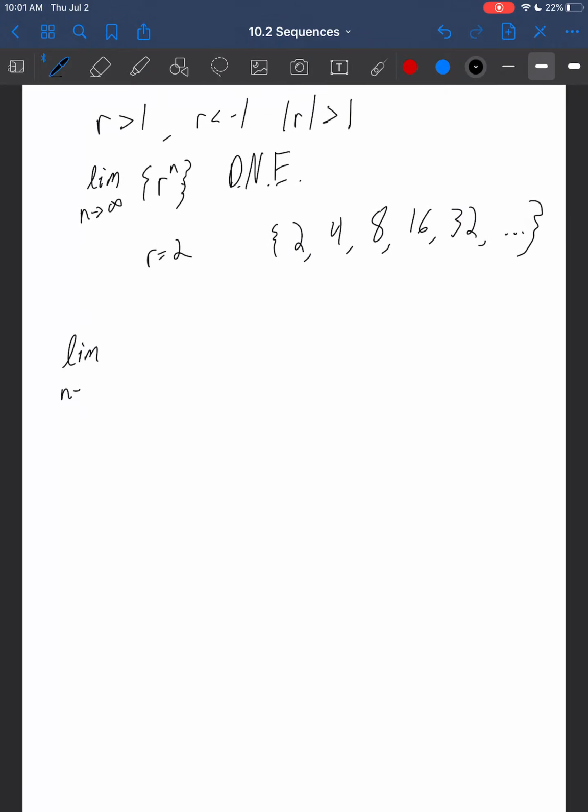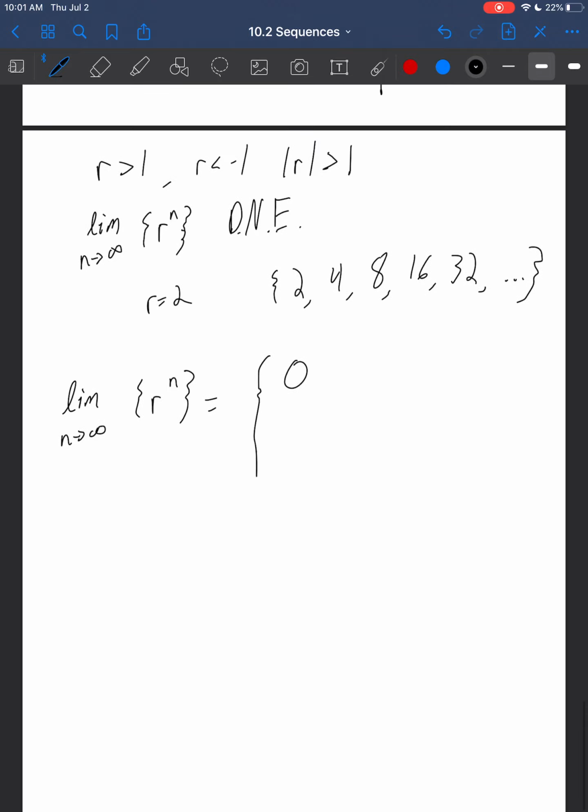So we have our cases where the limit as n goes to infinity of r to the n equals 0 if I am in this case where my absolute value is less than 1.